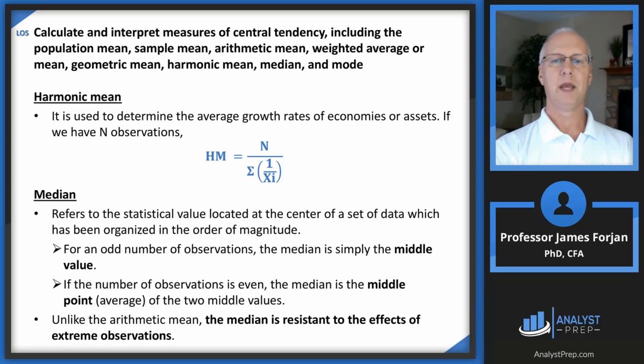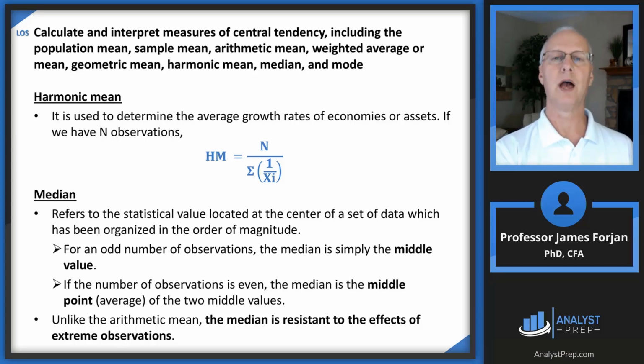The harmonic mean is another point somewhere in the middle that de-emphasizes a data set when there are significant outliers. And so it really focuses on average growth rates within the data set. The important thing about the harmonic mean is that it reduces the impact of outliers.